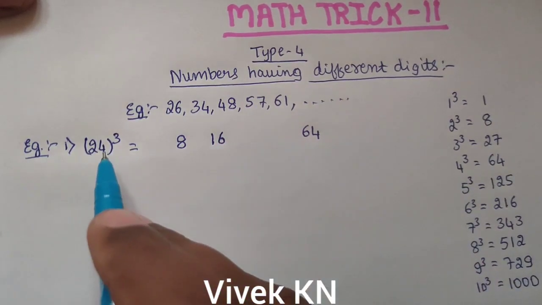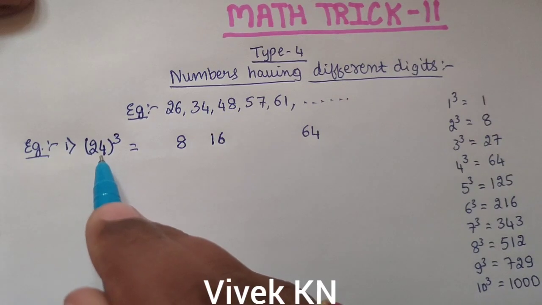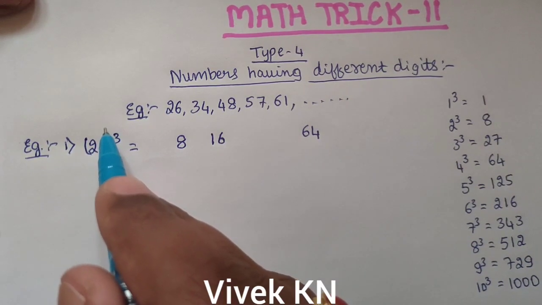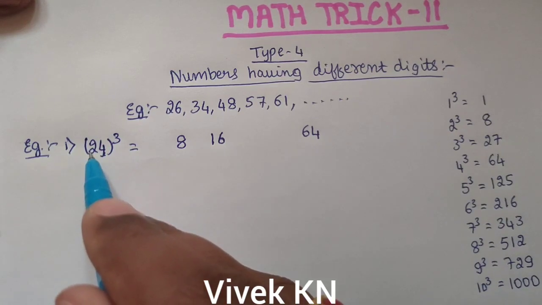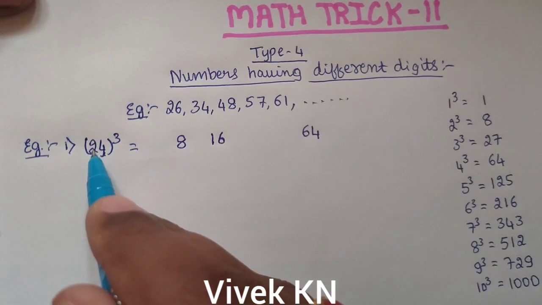Again in the third step, we have to square the second digit of the given number, that is 4 square is 16, and this 16 is to be multiplied with the first digit, 2. 16 into 2 is 32.